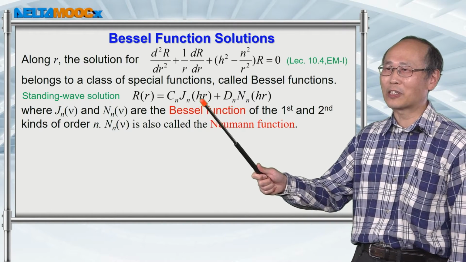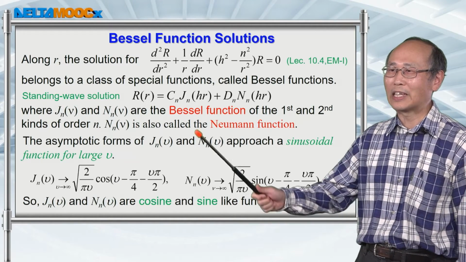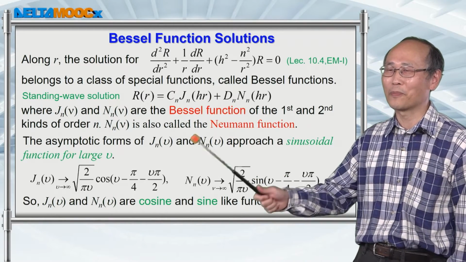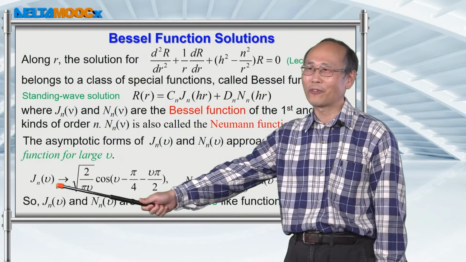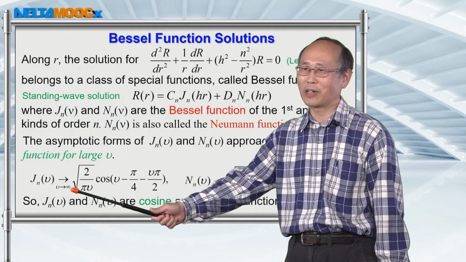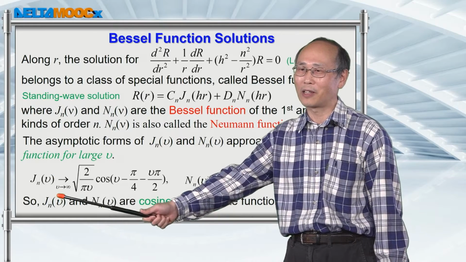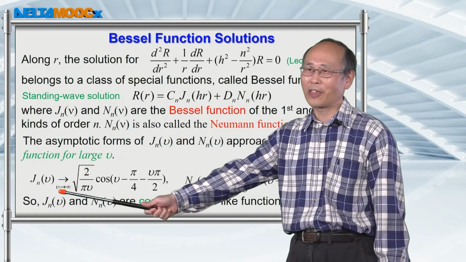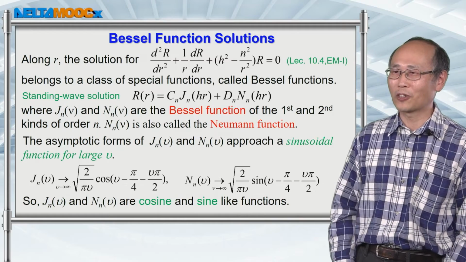If we allow the argument hr to increase to a big value, then it's easier to understand how this Bessel function will vary with r. For example, if we allow the argument of the Bessel function of the first kind of order n to go to a large value, then asymptotically this Bessel function is going to be very much like a cosine function.